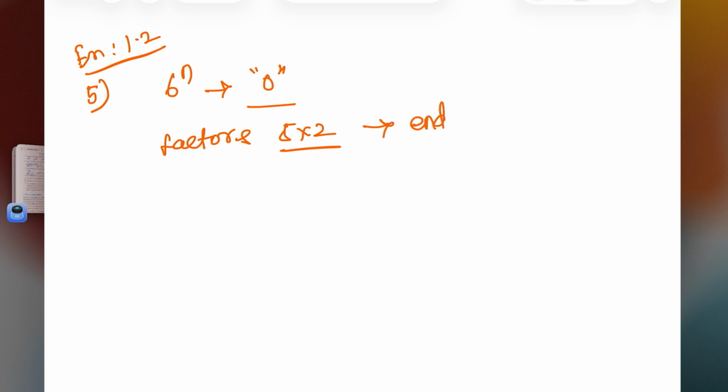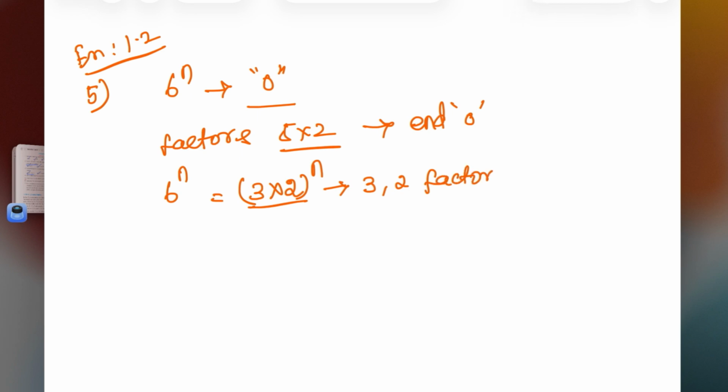On considering 6 power n, we can write this as 3 into 2 power n. So here we have the factors 3 and 2, but factor 5 is absent.